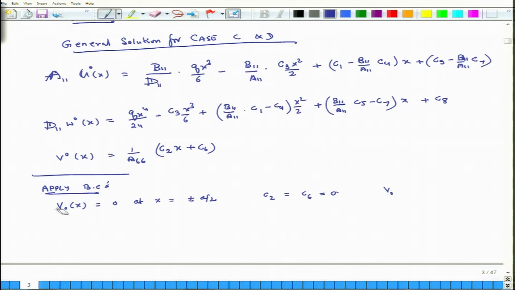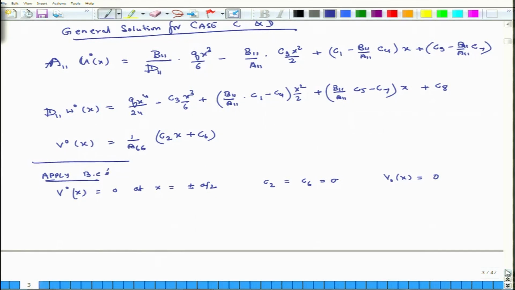I am sorry, this should not be subscript, this is superscript, this midplane. Anyway, so this V naught x is equal to 0. So, this is the first thing.